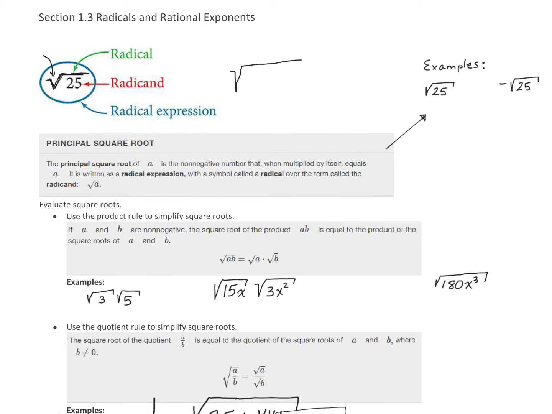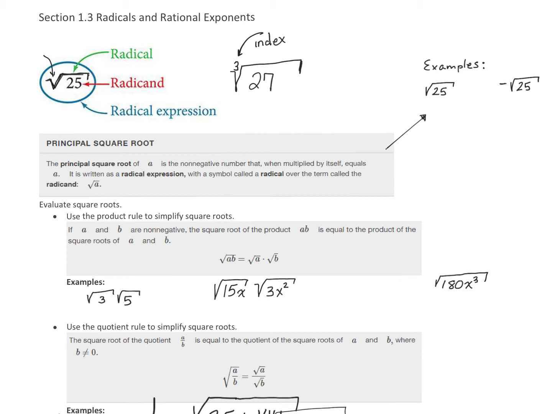Sometimes we will take a root other than a square root, in which case we'll put what's called an index in that little crook, and that would be the cube root of 27. You'll notice I put this little hook on my square root, just because when we're starting to deal with variables and numbers and everything else, I want to know when my square root ends.